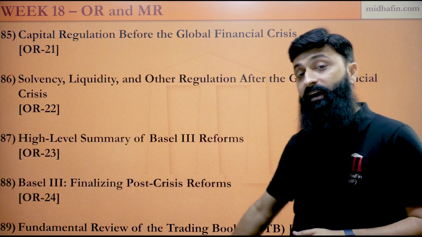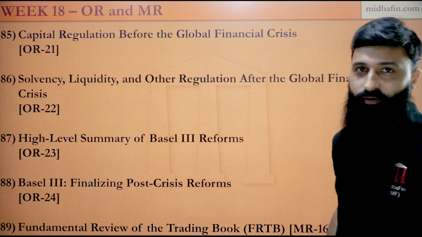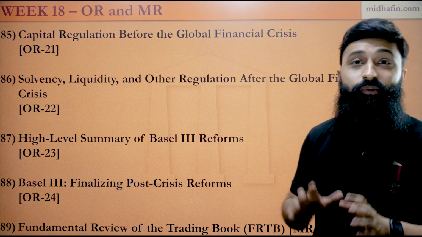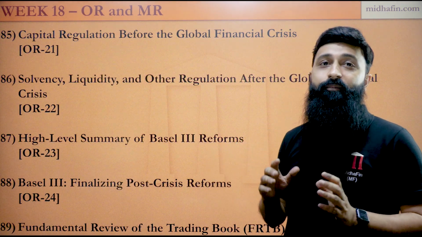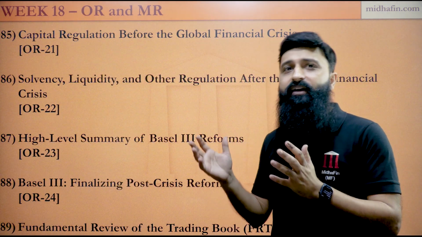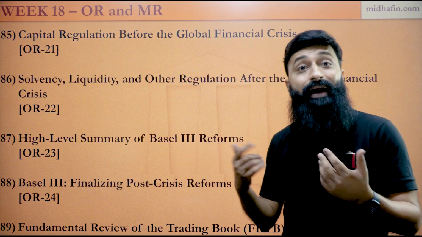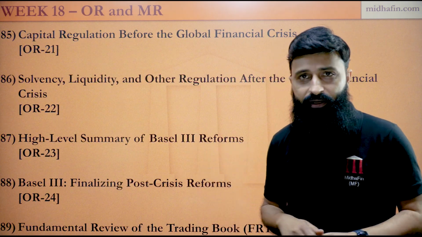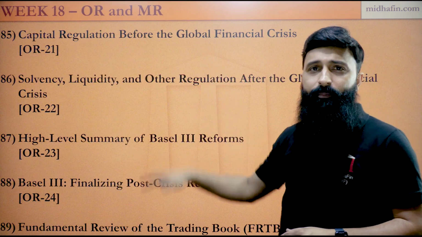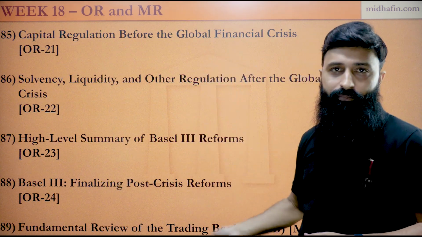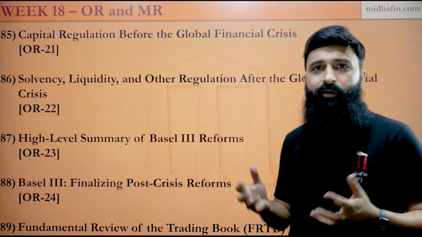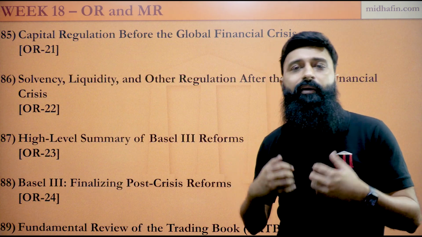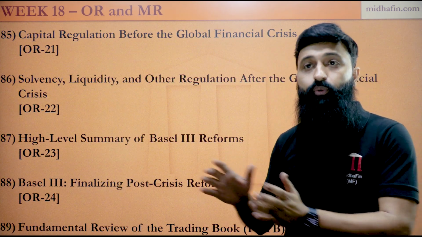Now, finally, we have fundamental review of the trading book. Okay, it describes changes to the Basel framework. This also is related to the Basel framework. Okay, it compares various liquidity horizons, revisions in the classifications of positions, back testing, loss attribution, all those things are covered. So you can see it complements the understanding of regulatory reforms which are there in the previous chapter, and how financial stability can be enhanced through regulatory changes.